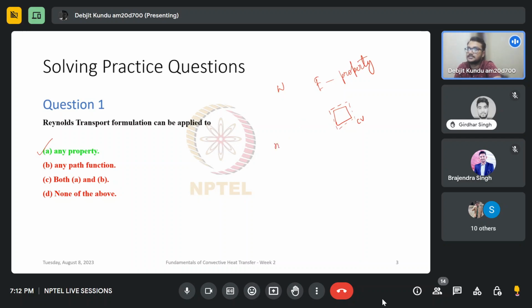It can be mass. In that case, the formula that we get is the continuity equation. Then it can be momentum, which is again a property. Then we will get the Navier-Stokes equations. It can be energy. In that case, similarly, you will get energy conservation equations.